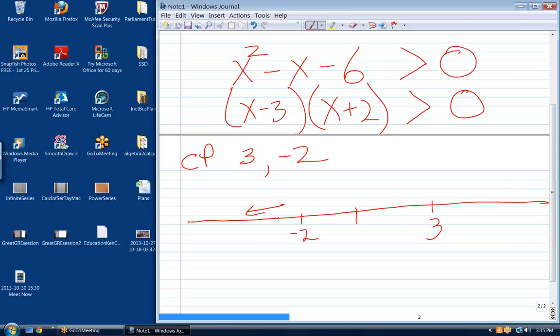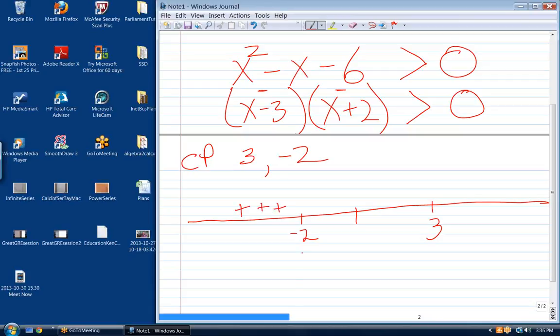So let's check -3. If x is -3, am I positive or negative? Yeah, so that would be negative, and that would be negative. Negative times negative would be positive, so these would all be positive.